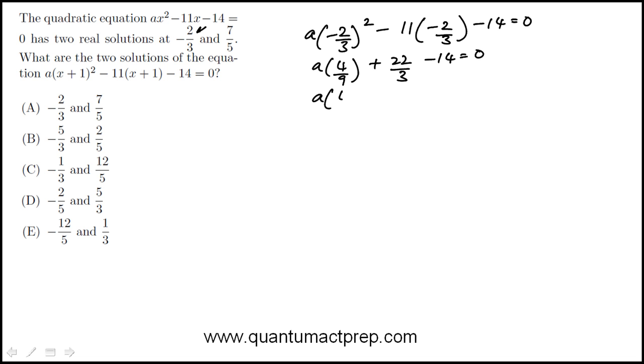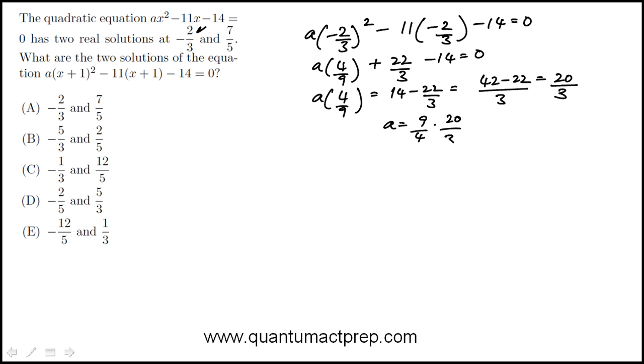I'm going to move these terms over. 14 minus 22/3. So this becomes 42 minus 22/3, which is 20/3, which means a is 15. Nice number so far. So our quadratic here is the one we have to find.